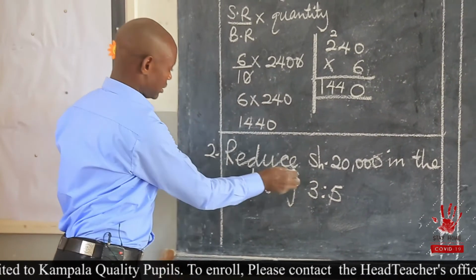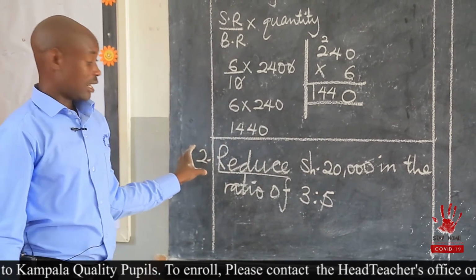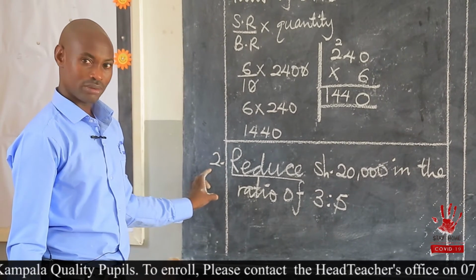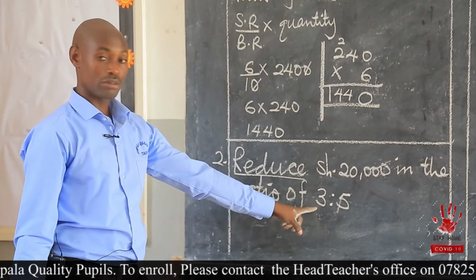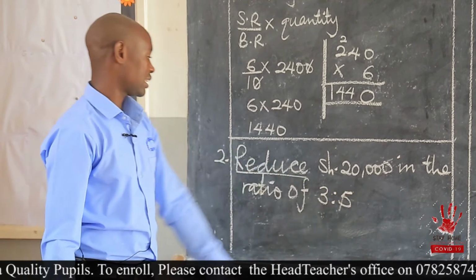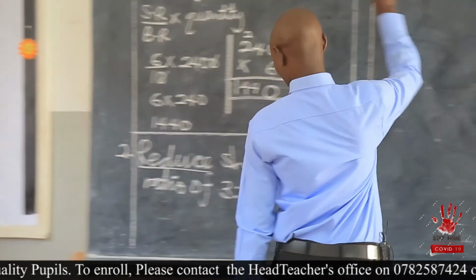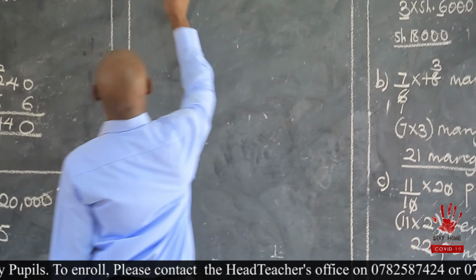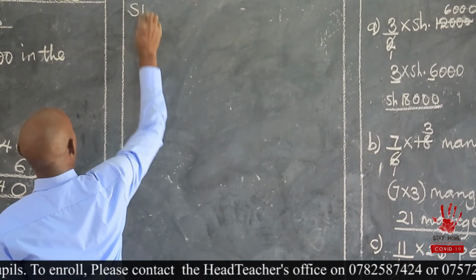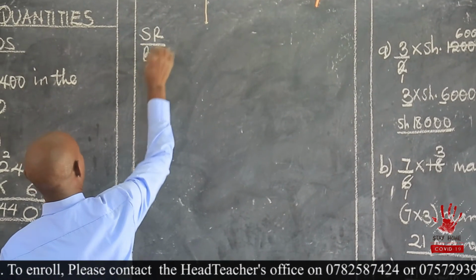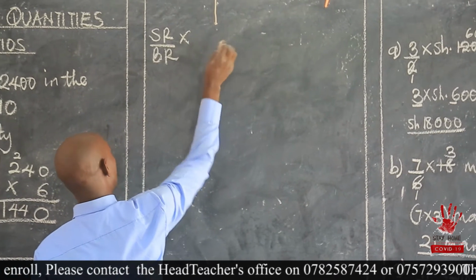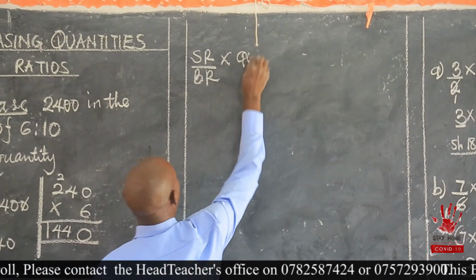So since we are reducing, how is our fraction going to look like? The numerator should be smaller than the denominator. So, if we have 3 to 5, the numerator will be the smaller ratio out of the bigger ratio, then times the given amount, or what we can call the given quantity.